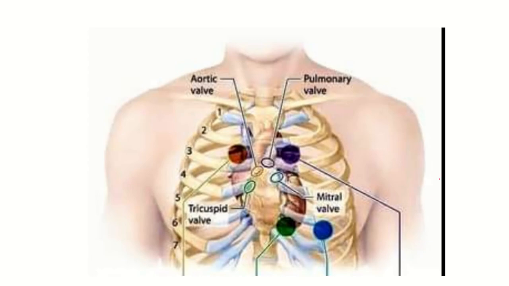In this picture we can see the location of the valve. This is the pulmonary valve, then aortic valve, then mitral valve, and tricuspid valve. All the valves are located close to the sternum, on the medial aspect of the intercostal space, very close to the sternum.